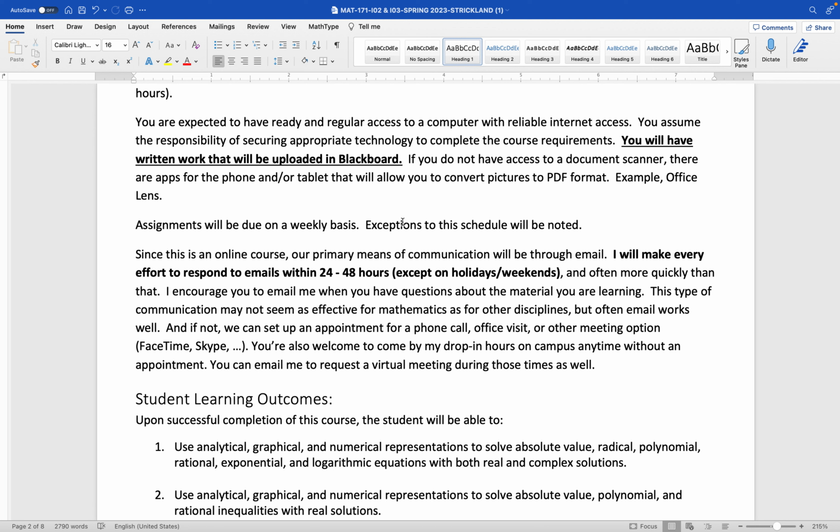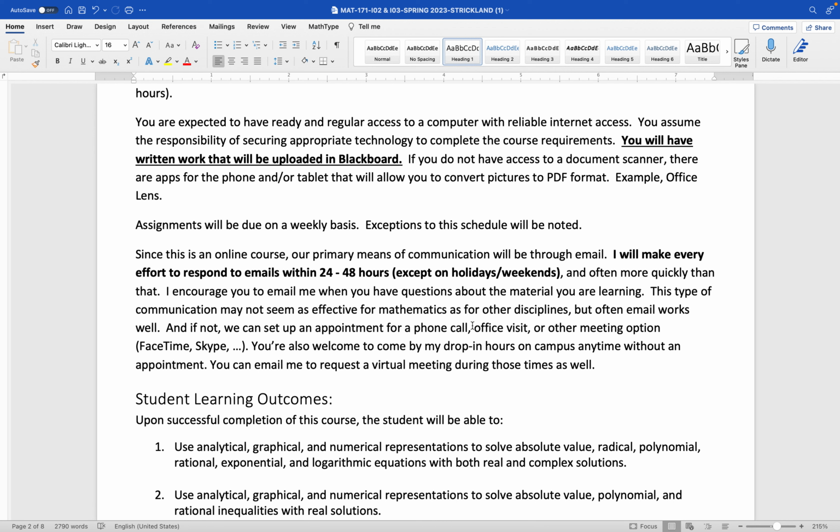If you cannot see me on campus, various arrangements can be made, whether through a phone call, office visit, or remotely. Among the meeting options would be the use of Zoom.